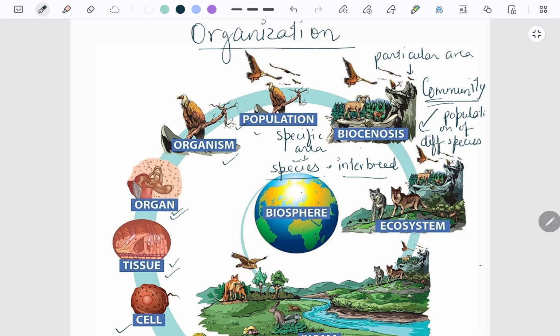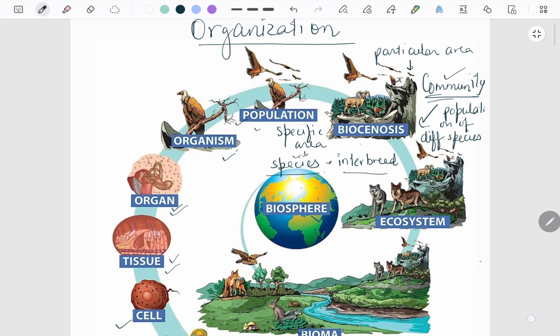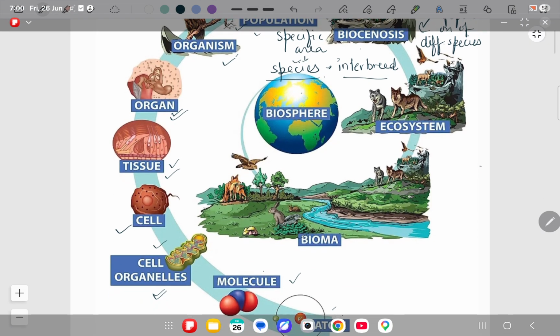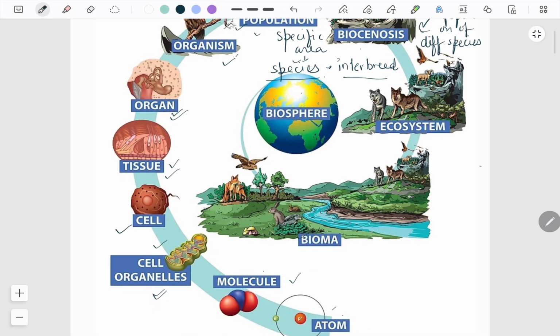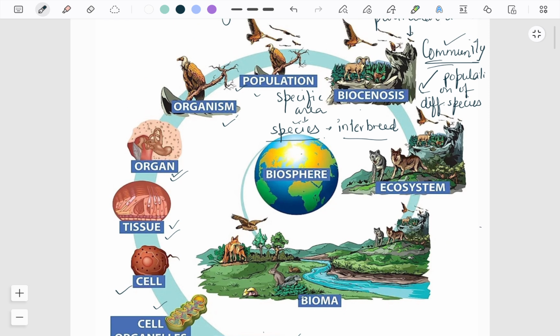Now, if in that area along with community, you include the air which the organisms breathe, water which the organisms drink, the soil on which the plants grow, the soil in which there are different microbes. So the living along with non-living on which the organisms depend in a given area, that is known as ecosystem.